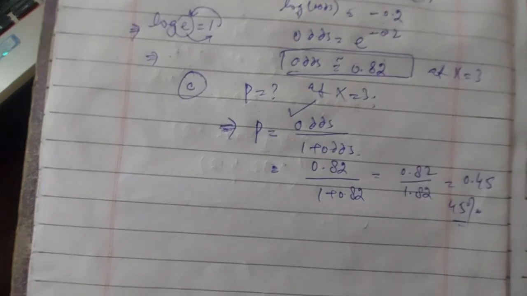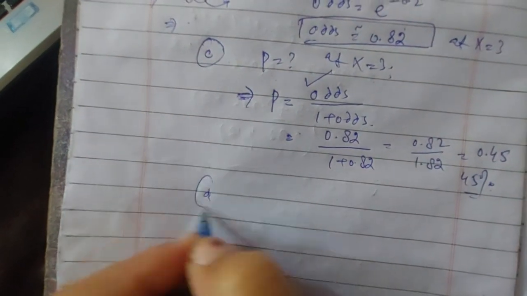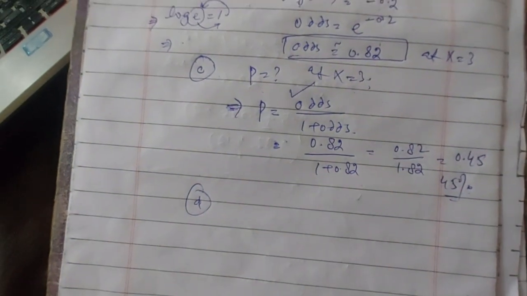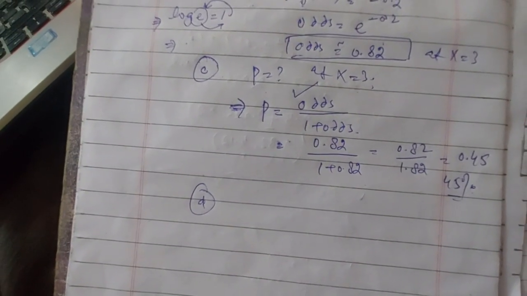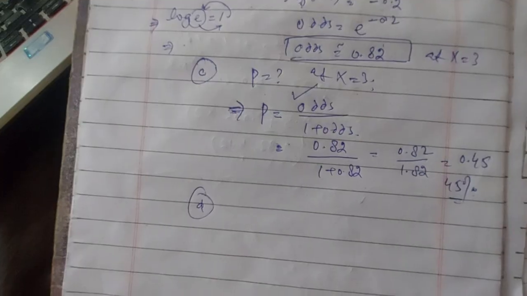Now we have another part, which is D. It says to interpret beta 1.